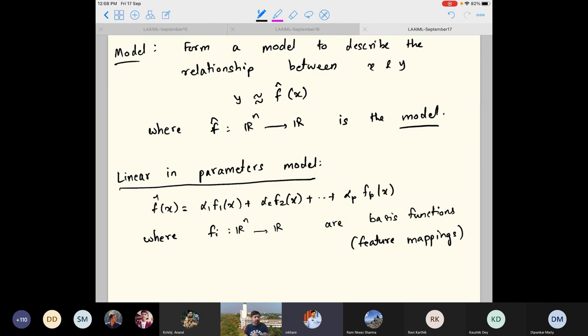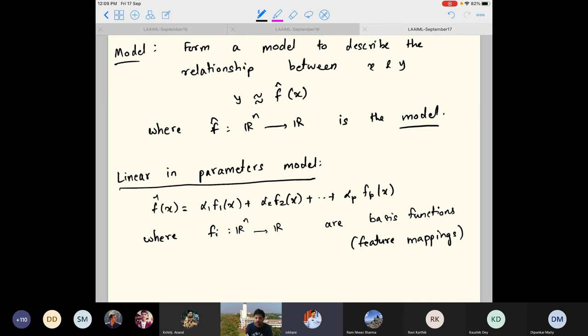Depending on the application, your experience, and your expertise, you will decide what these f1, f2, fp functions are. We'll choose them in such a way that f hat will closely resemble f on the data set that we are looking at.